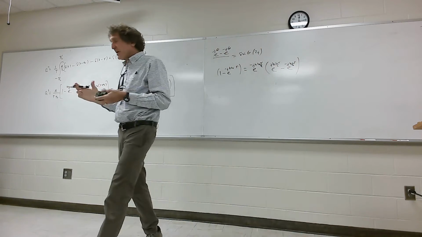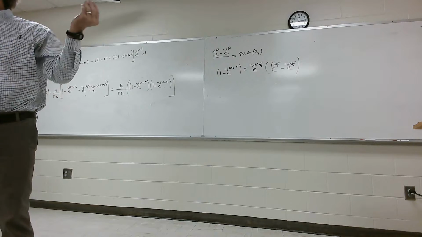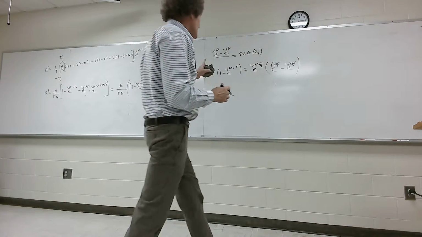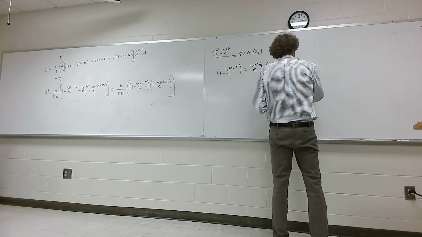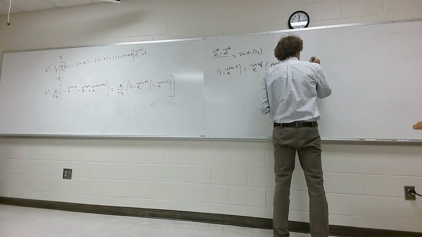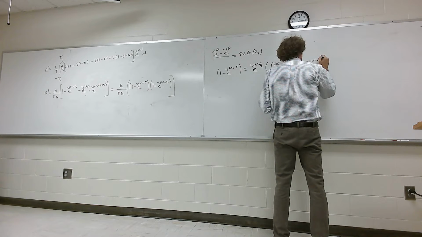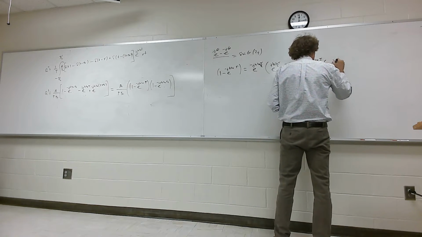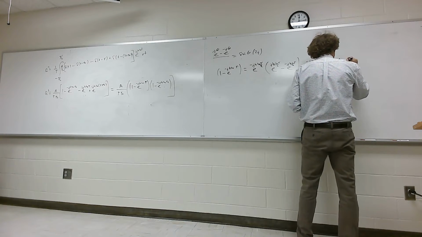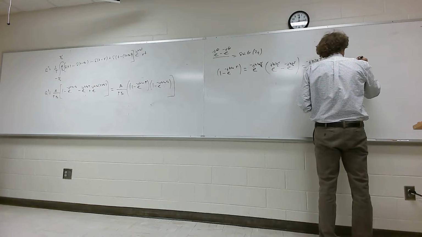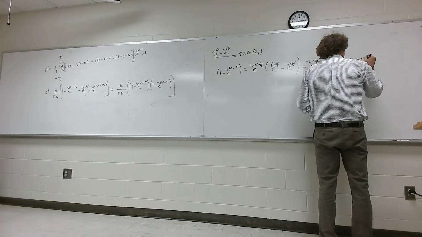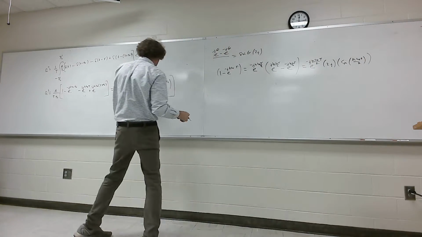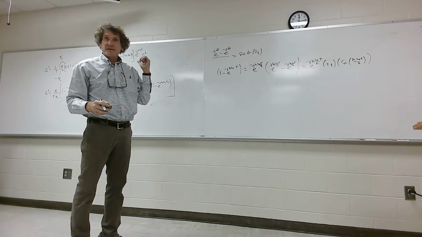The only thing I've done is factor out something so the remainder can be put in terms of a sine. That means this term right here can become e to the minus j n omega naught tau over 2 times 2j times the sine of n omega naught tau over 2. I'm just looking at this term by itself. That'll go back in there in a second.